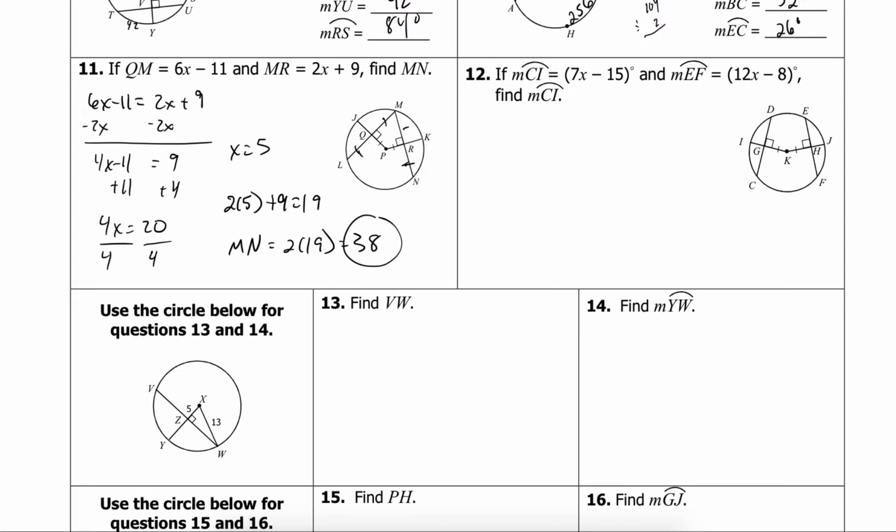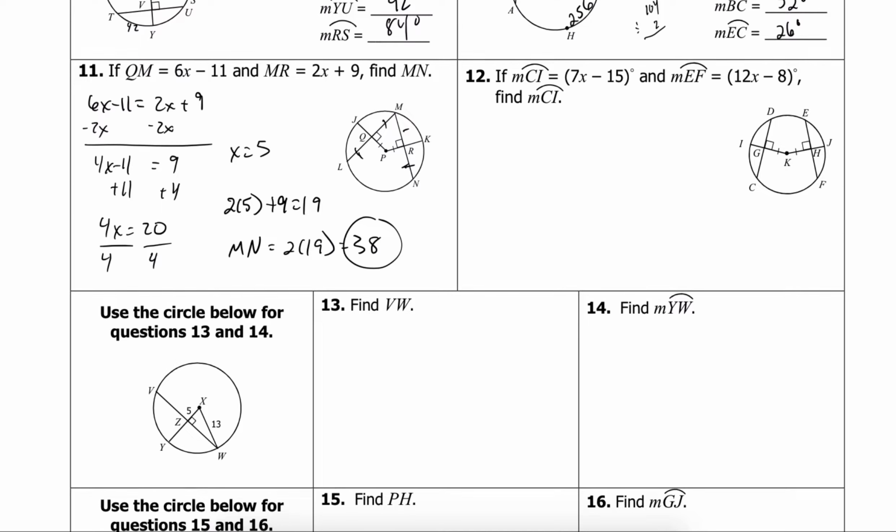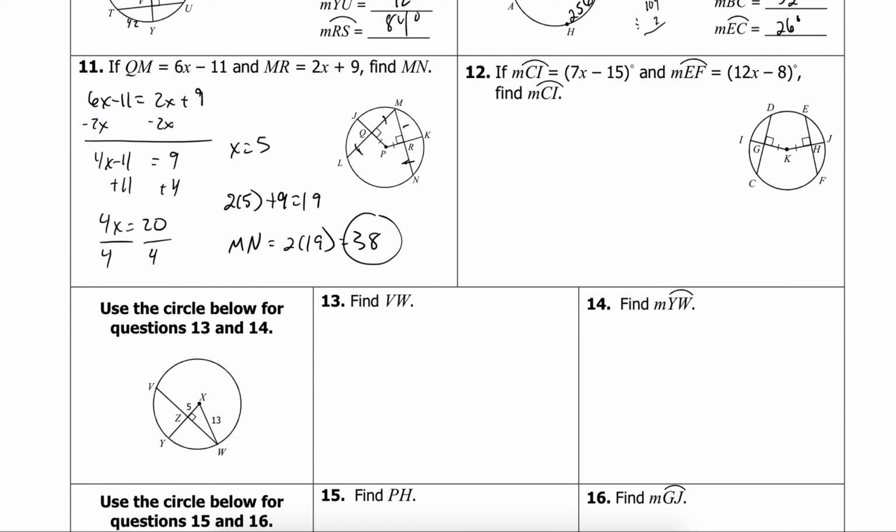Okay, number 12 involves our arcs. CI is 7x minus 15, and EF is 12x minus 8. Find CI. Okay, so let's see what we got here. We got equidistant from the center. We got perpendicular. So we know that each part of these arcs are congruent.